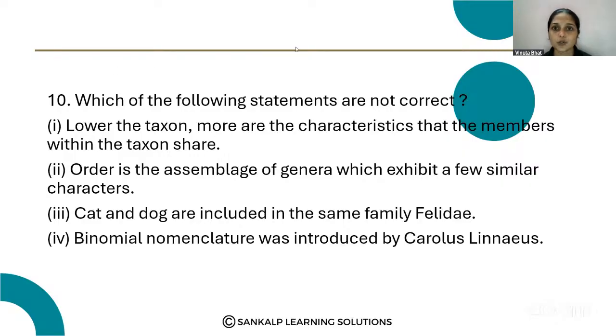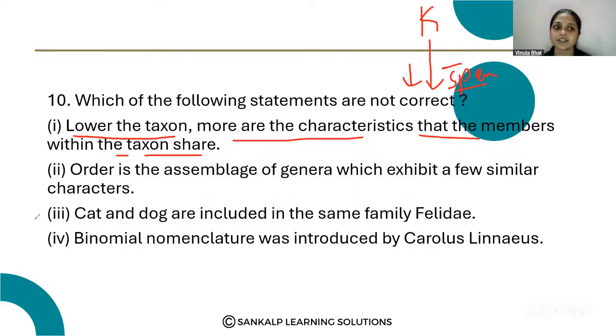Yes, that is also correct, because when it moves from kingdom to species, the members share more similar characters. Lower the taxon means species and genus; kingdom is the higher taxon, species is the lower taxon. When the taxon is lower, they share more characteristics. Yes, that is also a correct option.